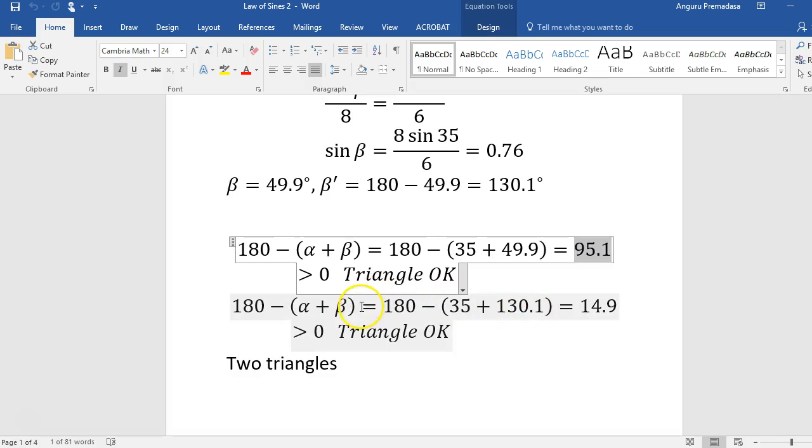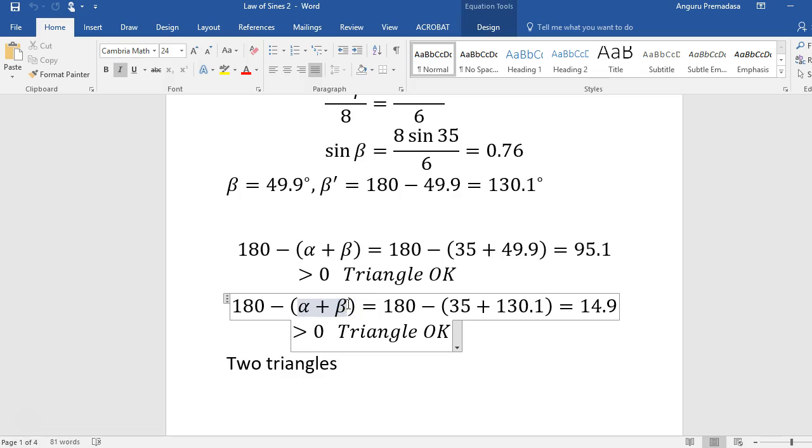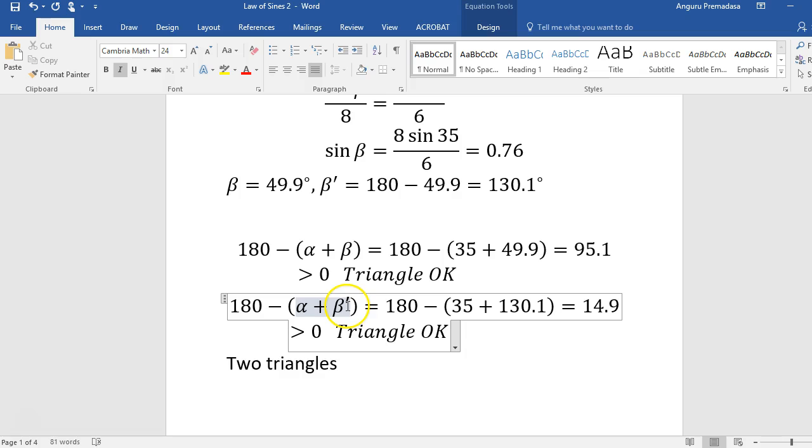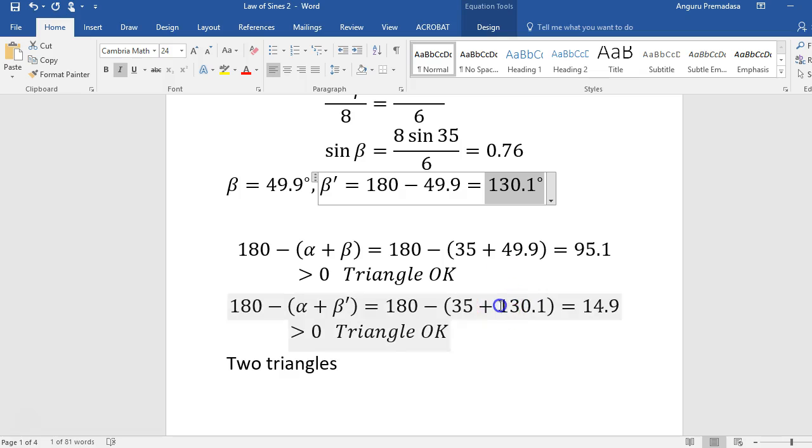And now we try the other one: 180 minus (alpha plus beta prime). 180 minus alpha is still 35, but now instead of beta we put beta prime, which is 130.1, which we got from here. When we calculate that, we get 14.9, which means for that beta prime also there is enough space to put in a gamma angle.